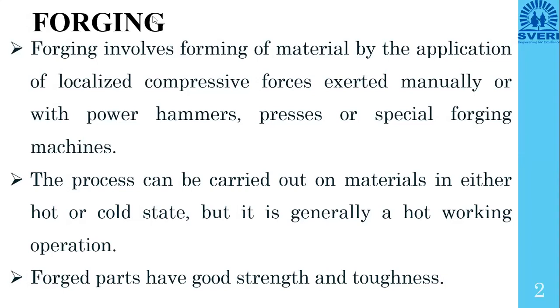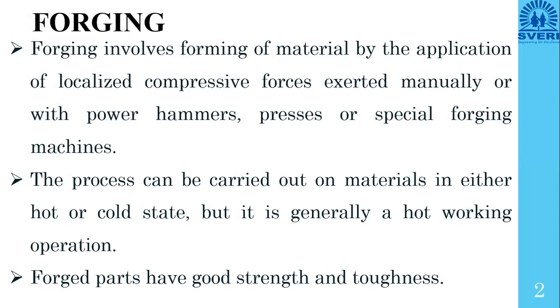And for forged parts, if you compare the same part made by three processes, one is casting, one is forging, and one is machining, then forged parts have good strength as compared to the cast part and machined part. Second, cast parts have moderate strength because they are prepared through molten metal.